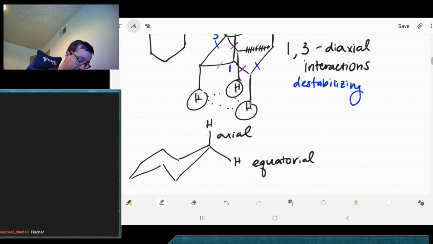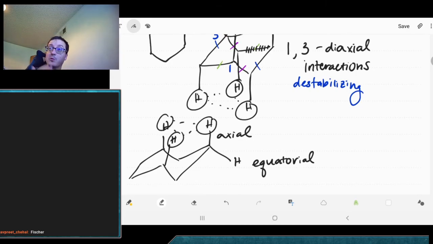And so we see here again axial substituents will bonk each other, always, forming those 1,3 diaxial interactions. Those are always bad. However, equatorial ones don't mess with your molecule. So this one that's pointing down is adjacent to one that's pointing up, which is adjacent to another one pointing up. So there's no kind of equatorial problems here.